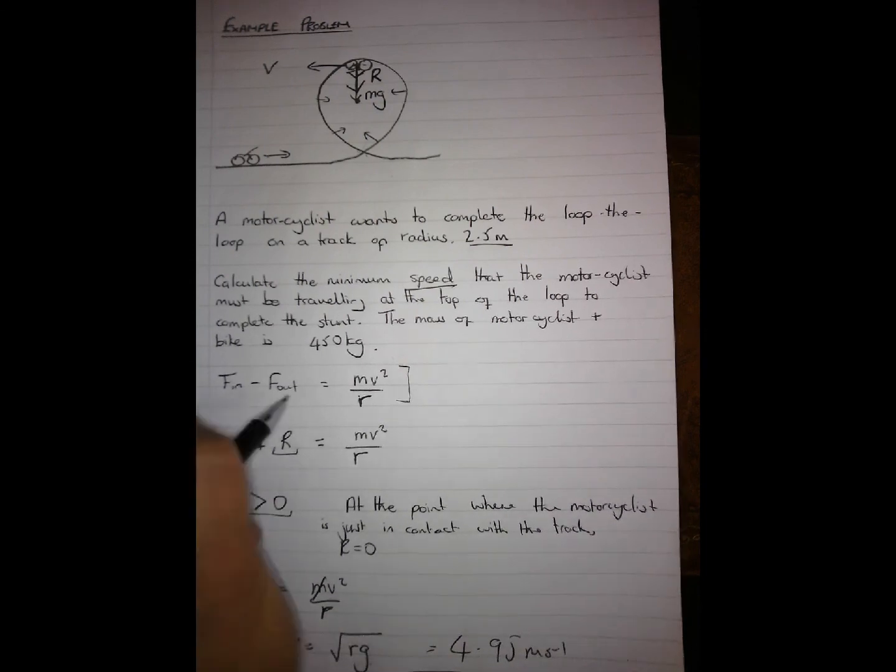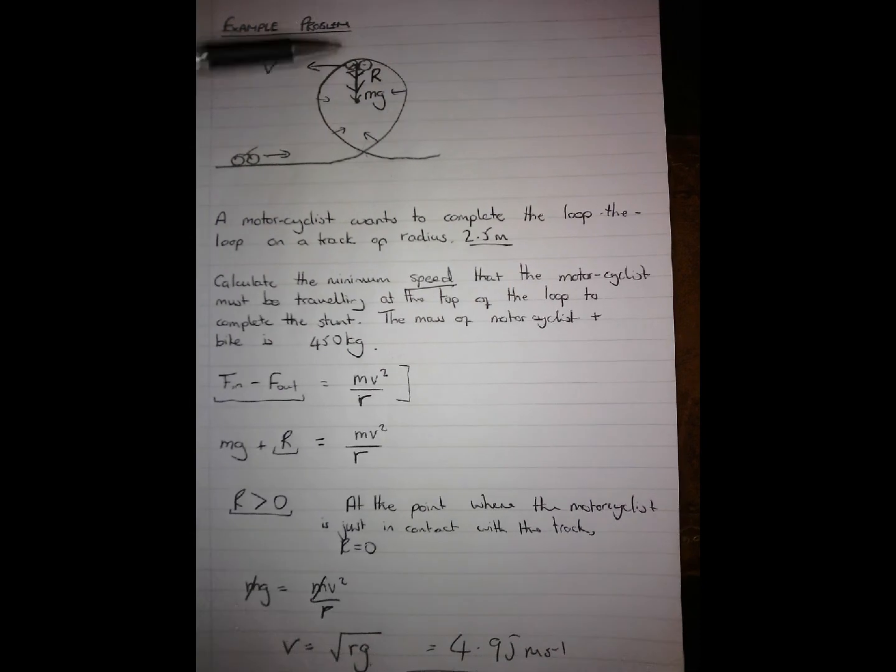So that's why this rule is really important, as well as labelling the forces correctly. We've then said that for the motorcyclist to be in contact with the track, R has got to be bigger than 0. There's got to be a contact force there. And then we followed and said that at the point where it's just lost contact with the track, R is going to equal 0, which then allows us to solve this equation.